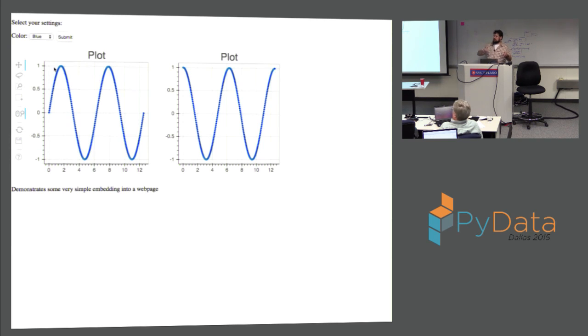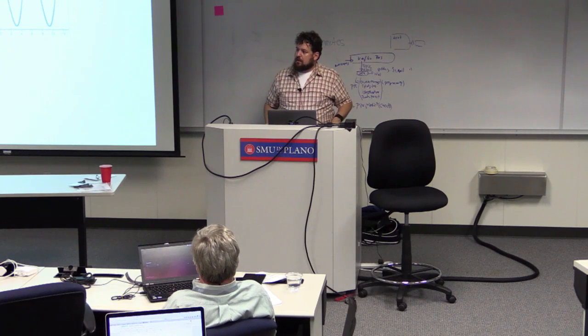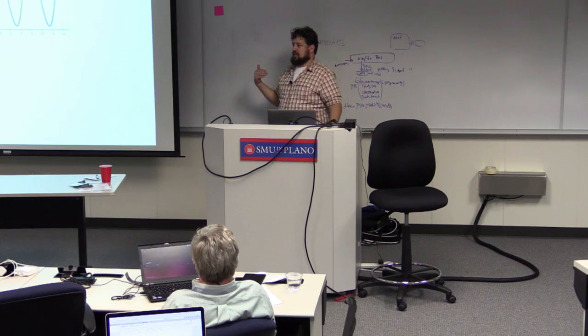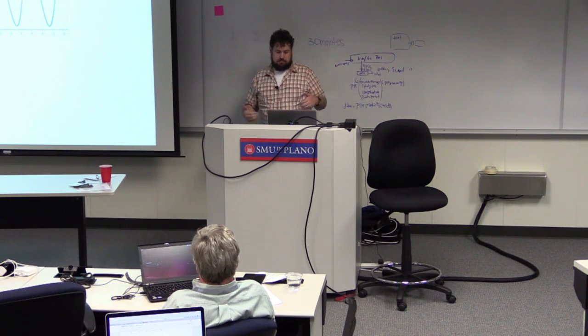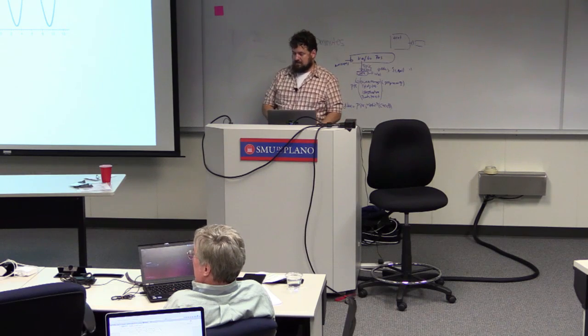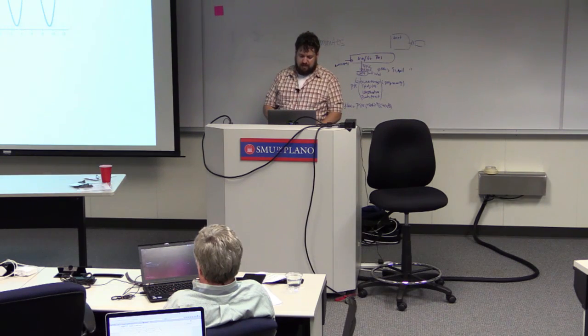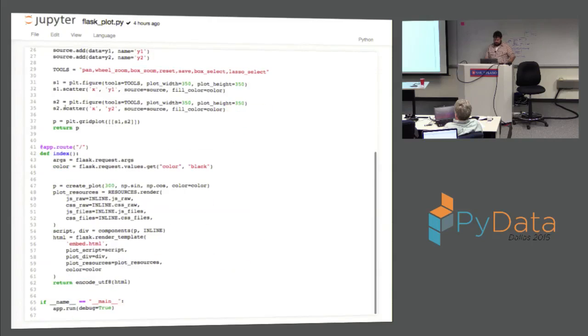Very often. It's a question. So the question is, I'm embedding in Flask. How do I embed in Django? So it's exactly the same process. The reason I showed Flask is because the code is so much simpler. But in Django, instead of this app.route, this would just be one of your views.